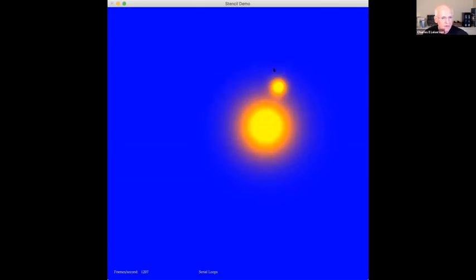Okay, so now let's try the... and why don't we make this kind of interesting by having a heat source? There we go. There's a heat source. And I can move it around.